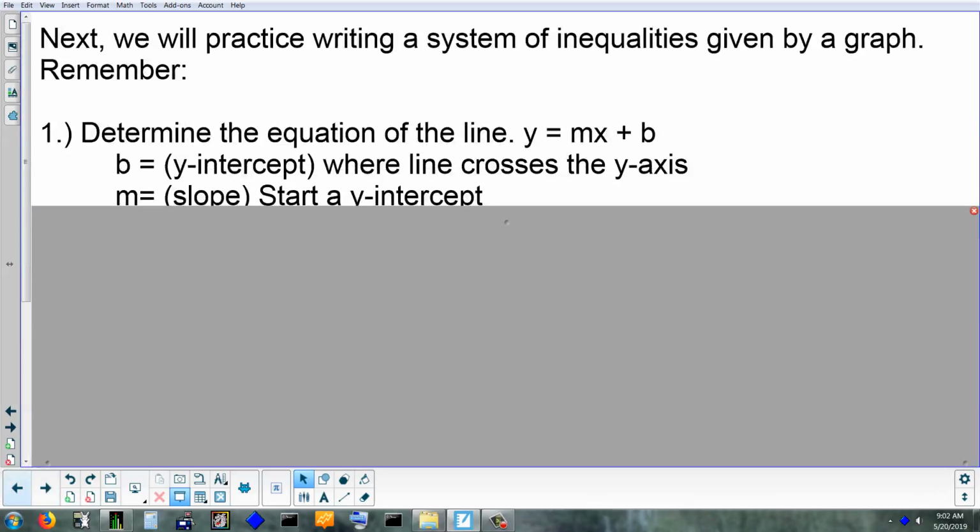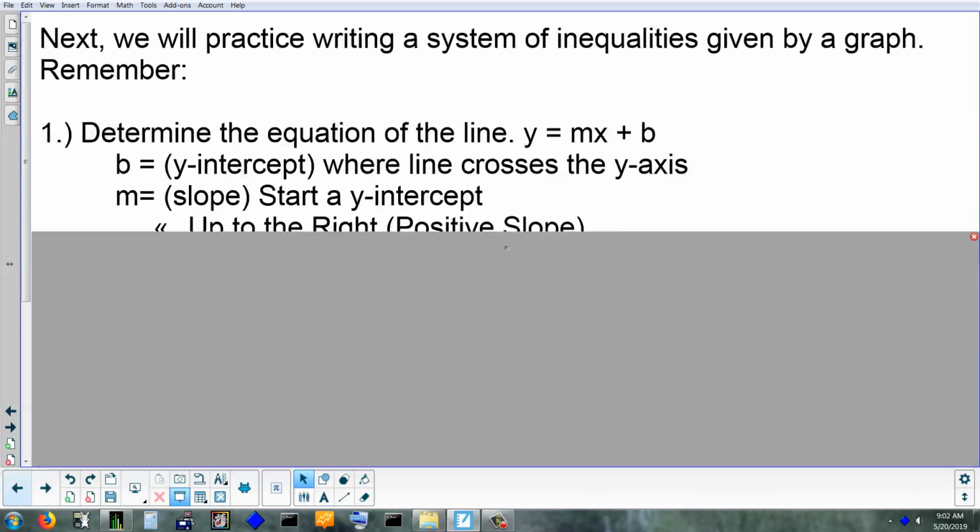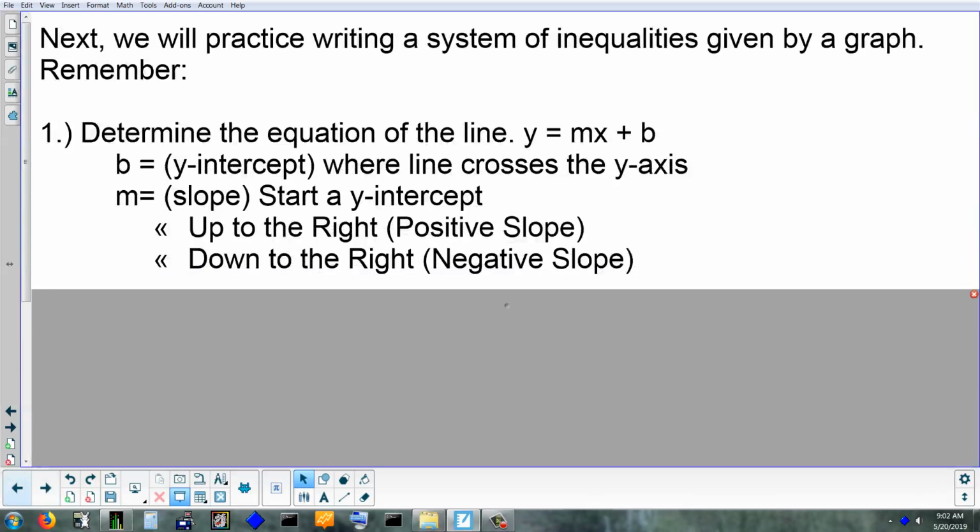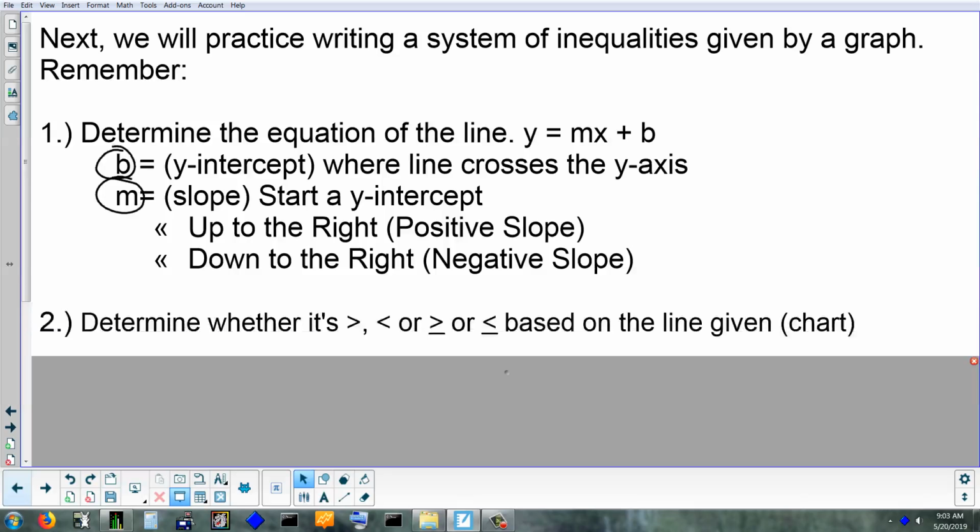But if you don't remember, B is the y-intercept, M is the slope. It's always a good idea to keep writing. Never hurts to write it again. Sometimes it helps you remember it. Up and to the right, positive. Down and to the right, negative. So you got to decide, what's the equation of my line? You're going to have to look at the picture and find those 2 things.